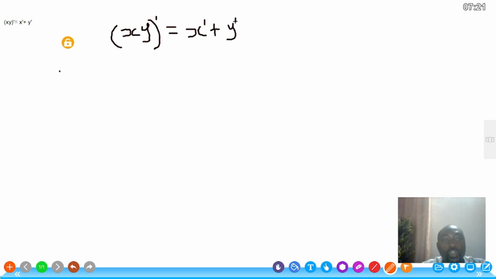Remember, the first thing you need to look at is your number of variables. In this case, we have 2 variables, x and y. So the same formula, 2 raised to the power of 2, so we are still going to have 4 input combinations for the respective variables.